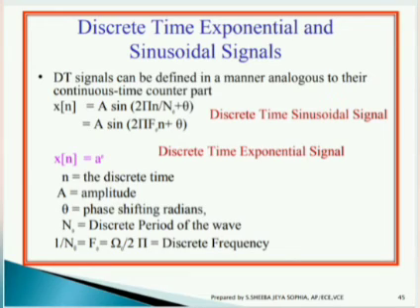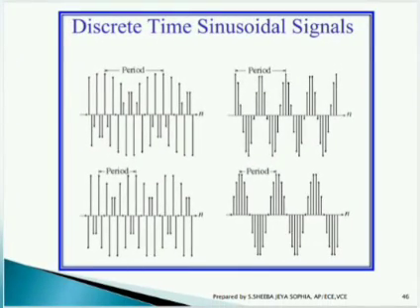A is the amplitude, theta is the phase shift in radians, N0 is the discrete period of the wave, and f0 is the discrete frequency. Here you can see clearly how a sine wave is represented as discrete sample points in discrete time sinusoidal signals.